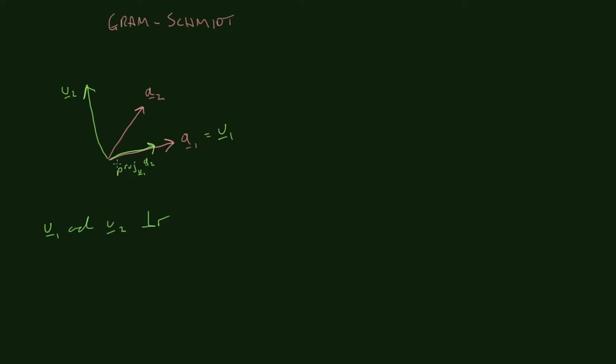If I negate this, turning the vector around and adding it to A2, we get that. So that's going to be minus the projection of A2 onto U1. So U2 is equal to the vector A2 minus the projection of A2 onto U1. And that's called the Schmidt process.